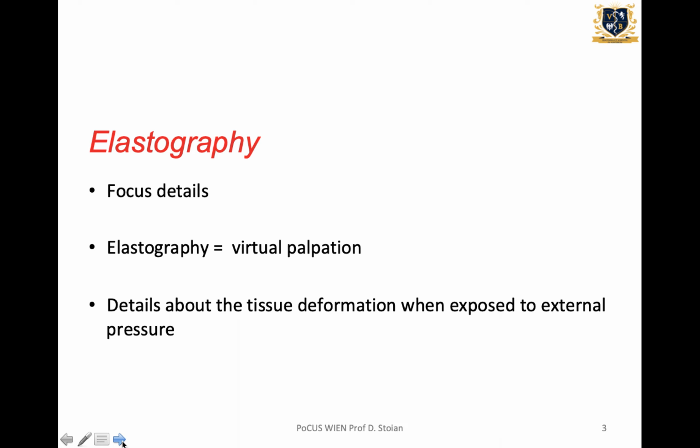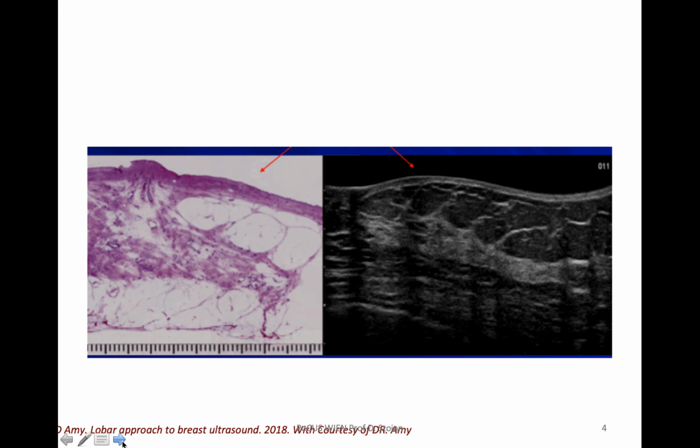Both strain and shear wave offer focused details, and they give indirect information. It's like a virtual palpation, measuring the density and the stiffness of the lesion, making an indirect calculation of the elasticity of the lesion, from the tissue deformation when exposed to external pressure, regardless of whether it's perpendicular or tangential.